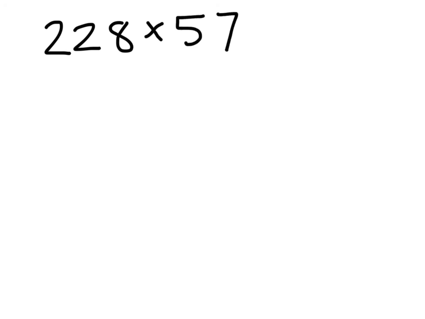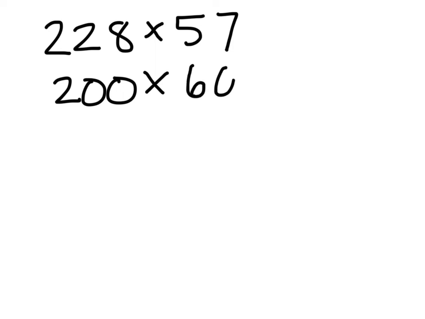Here's another example. Let's estimate the product of 228 times 57. If we round 228 to its nearest hundreds, we get an answer of 200. 57 rounded to its nearest tens place would be 60.